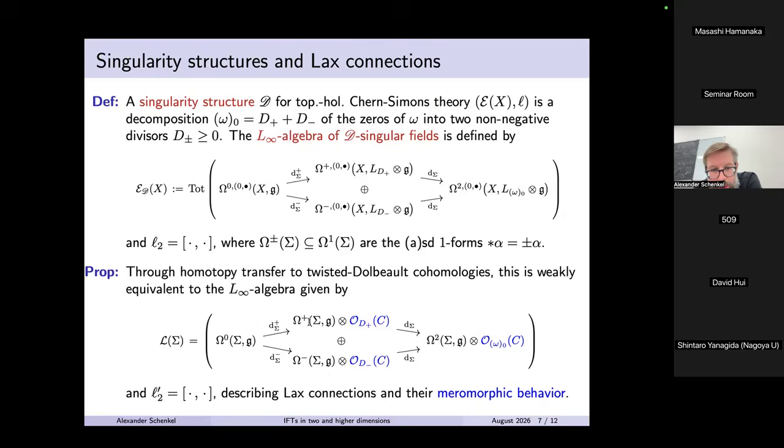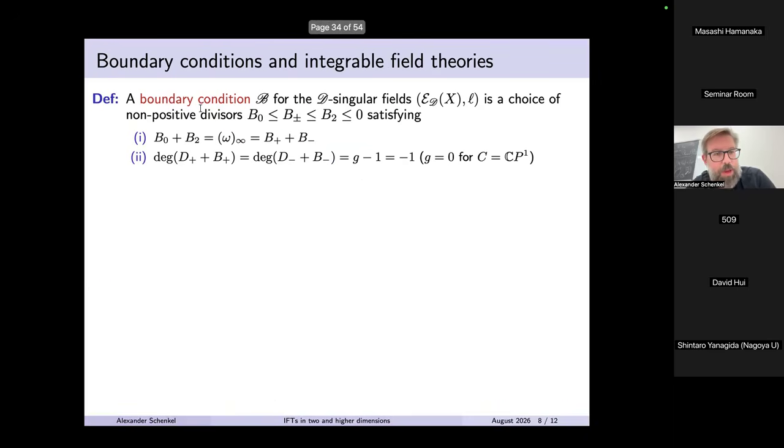The plus-minus component of a Lax connection depend in some way meromorphically with controlled singularities on the Riemann surface, and they are flat. Yeah, because here it's the differential in brackets, or the Maurer-Cartan equation for this L-infinity algebra. It's just flatness along sigma. So yeah, this notion of singularity structure thereby identifies what one means by Lax connections in this context.